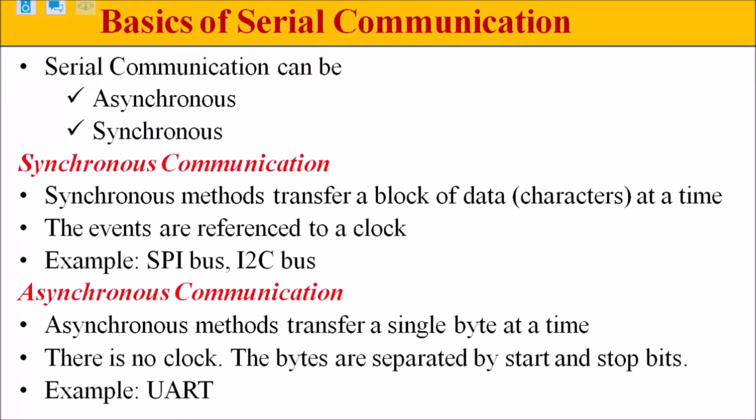The transmitter will attach a start bit and a stop bit to the data. Generally, the 8-bit ASCII format is used for transmission of data. So this 8-bit data is packed into a data frame. This data frame will have a start bit, then 8 bits of actual data, and then a stop bit.